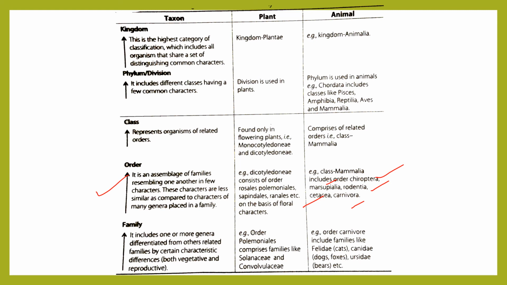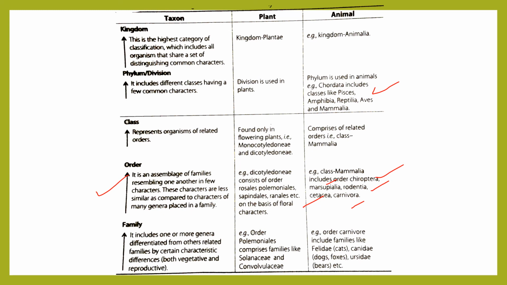As I already mentioned, phylum is for animals and division is for plants. It includes different classes having a few common characters. For example, Chordata includes classes like Pisces, Amphibia, Reptilia, Aves, and Mammalia.